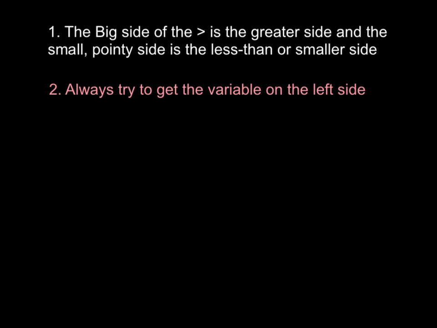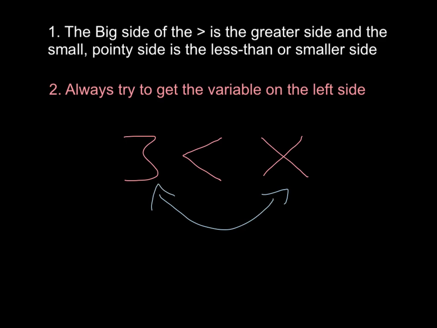Number 2, always try to get the variable on the left side. So if we have 3 is less than x, we want to flip the 3 and the x around. But remember, when we do that, we also have to flip the direction of the less than sign.